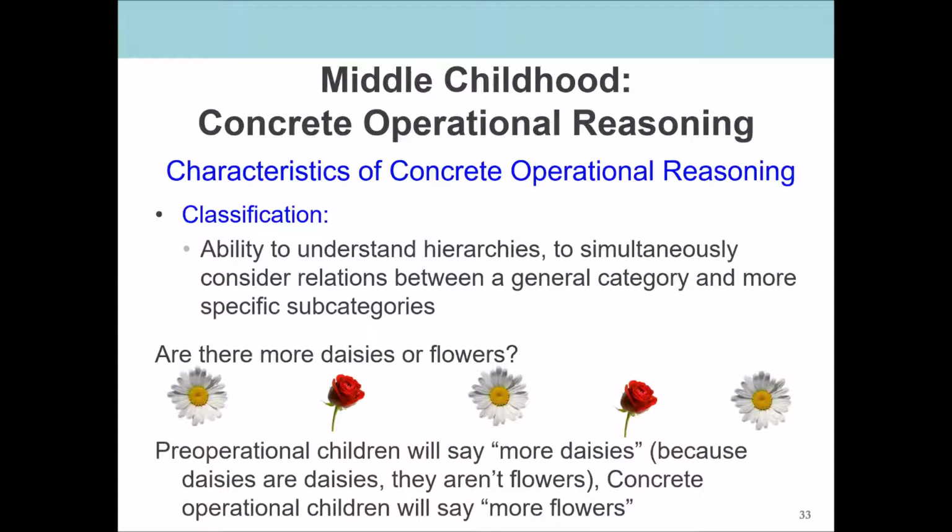Whereas concrete operational children will recognize that daisies can be categorized as daisies, but then also as flowers, and roses are also flowers. So they understand that hierarchy, that flower is a bigger category than daisies and roses, and so the correct answer is that there are more flowers.